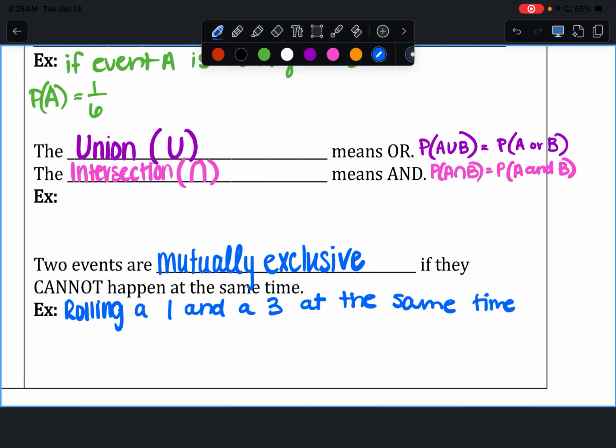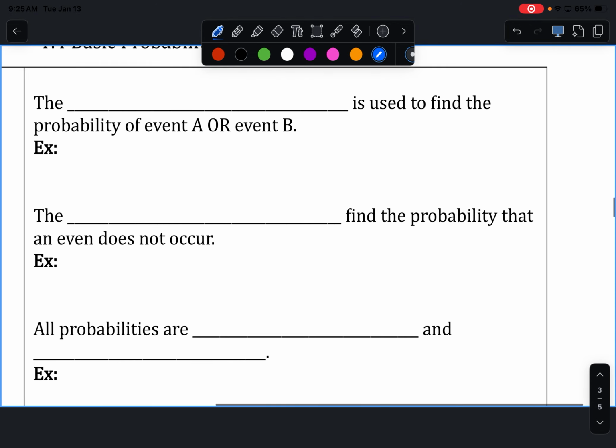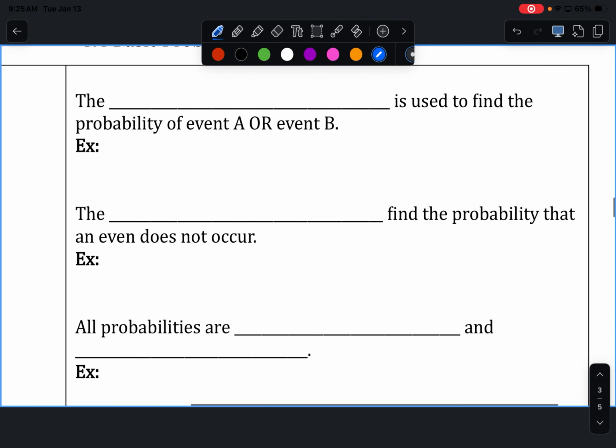Okay, then we're going to look at, go ahead and flip to the next thing. So, these two rules apply specifically when the events are mutually exclusive. Okay? So, we have something called the addition rule of probability.